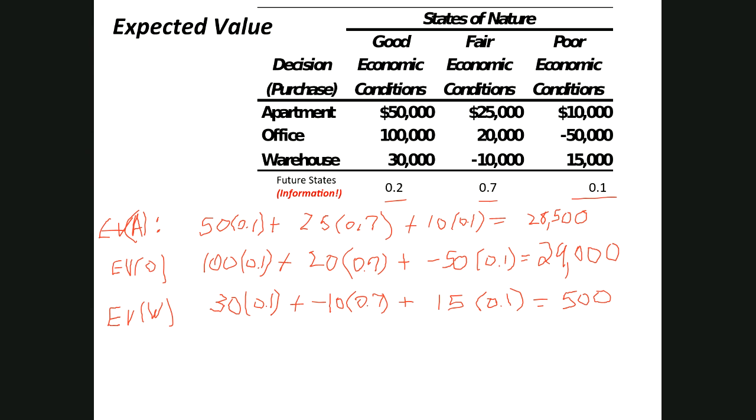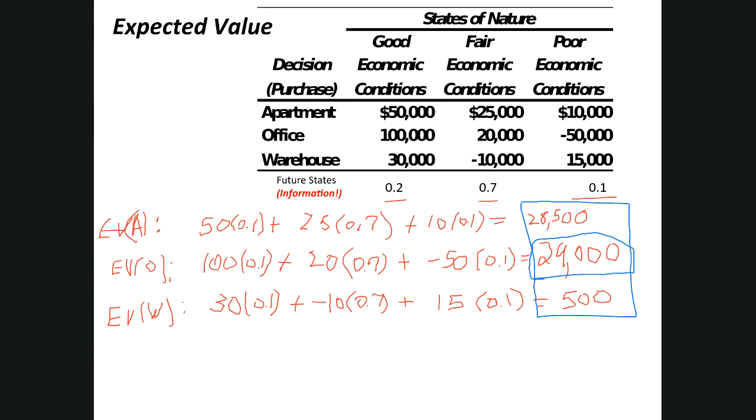Now there are a couple of points that I want to make here. Before I do, clearly the decision that would be recommended would be the maximum of these three values. The maximum of these three values is $29,000.